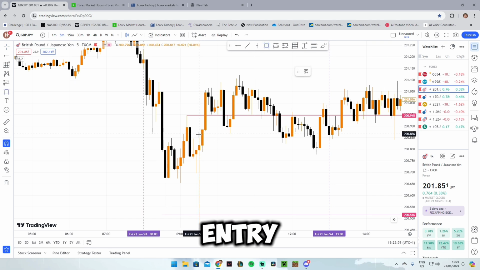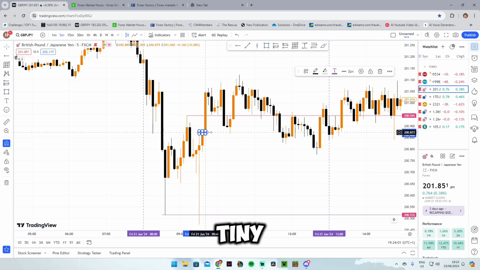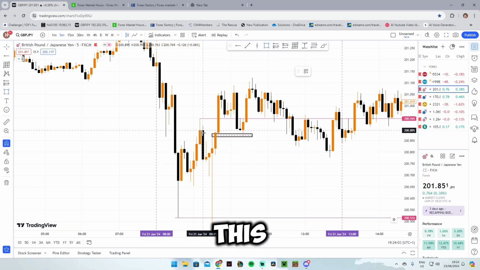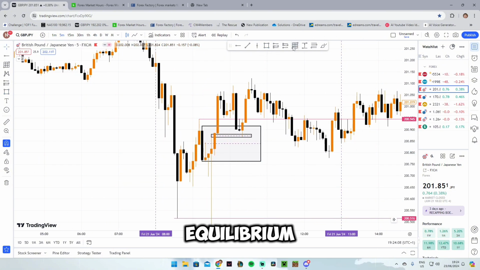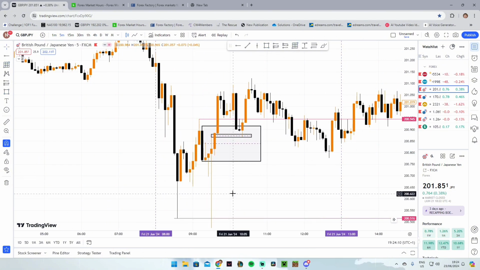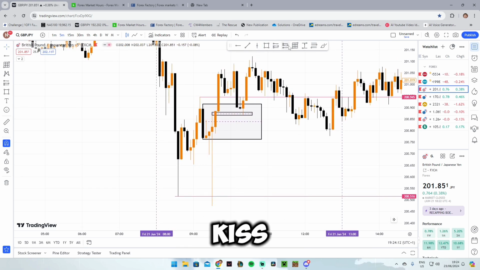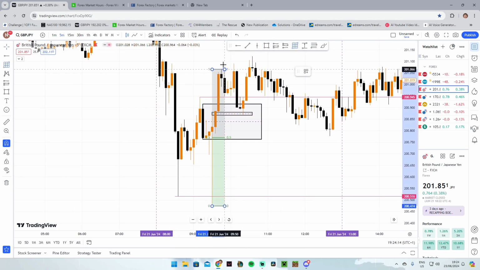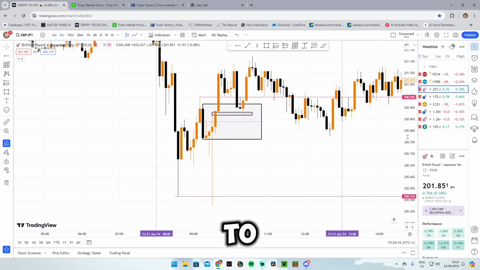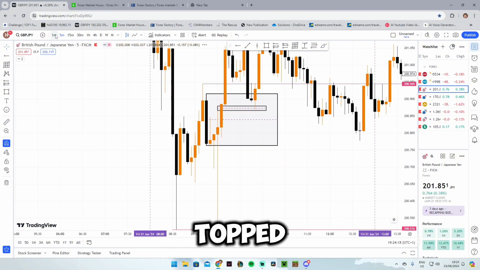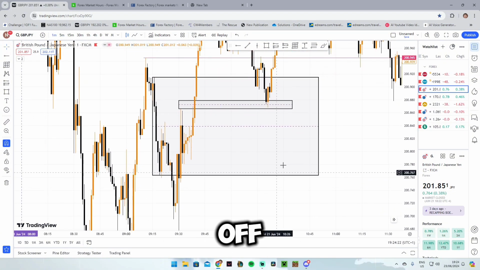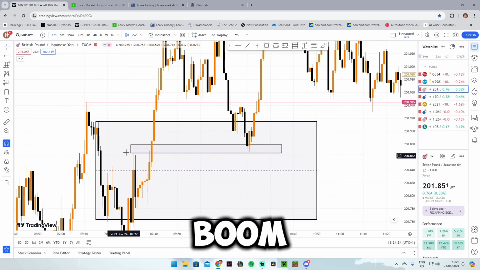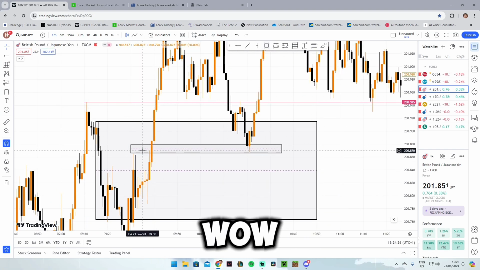Fair value gap entry right here. This tiny fair value gap, or even this breaker block right here. I mean, order block. Equilibrium probably wouldn't even get smacked. Let me see. Nah, that's taking long to get smacked. But anyways, we got one of these tapped into. What do we do? 1 minute for the sniper entry, or just look at the reaction off the 5 minute, enter off. Boom. Wow.